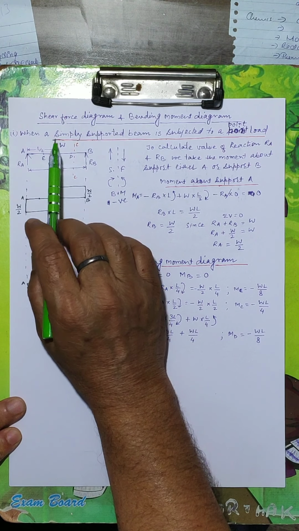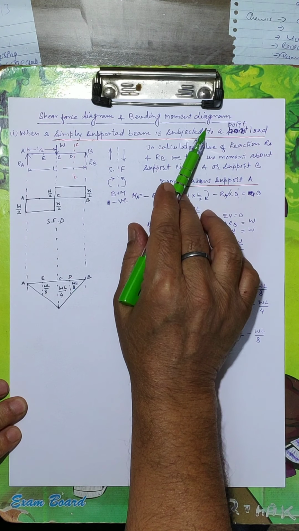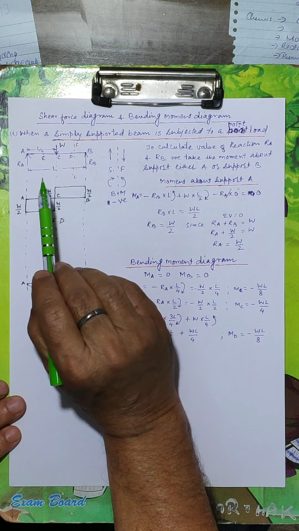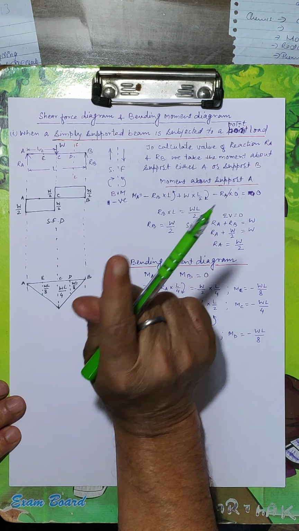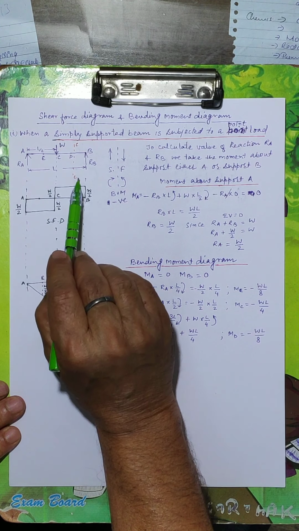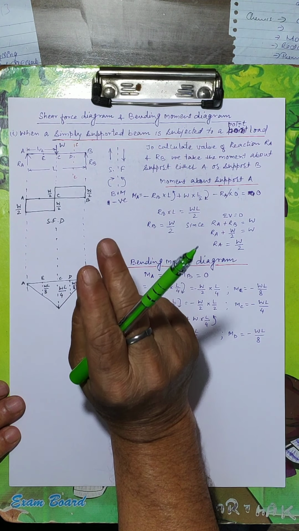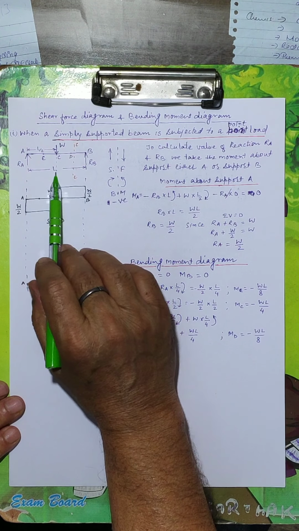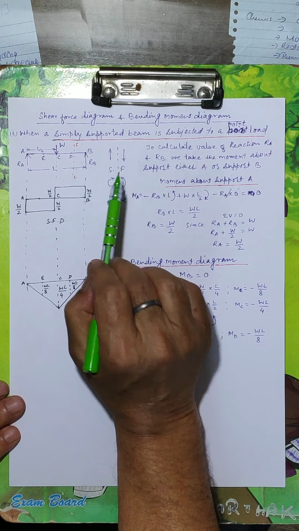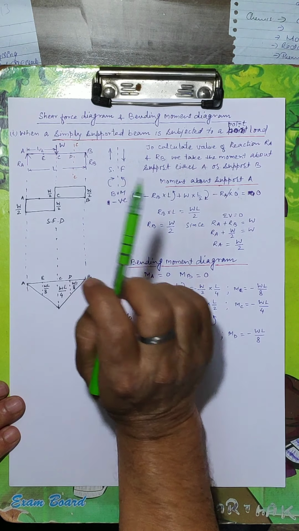Today I will tell you about the shear force diagram and bending moment diagram. So first case, we take a simply supported beam. There are many types of beams, and many types of loading: point load, UDL (uniformly distributed load), varying load, triangular load.